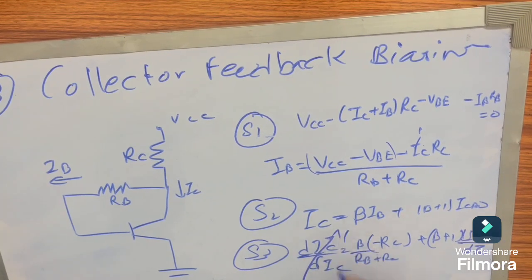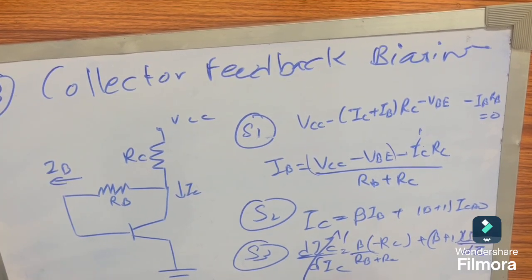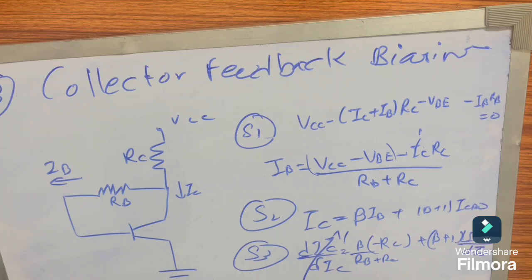So this factor is 1, so 1 equals minus beta RC by (RB plus RC) plus (beta plus 1) by S.